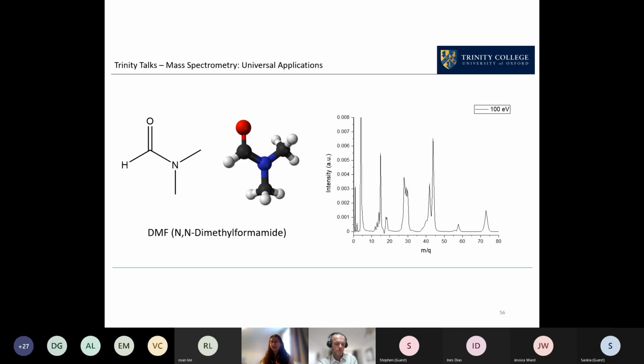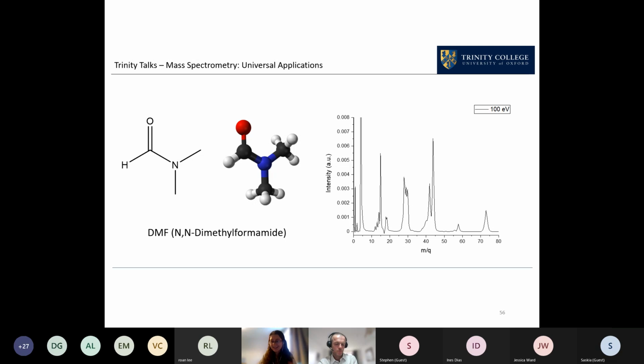And DMF and other molecules that the group study are found in the atmosphere and in the interstellar medium in space. And so by studying these molecules, seeing what happens when they're exposed to electrons, just like they are in the atmosphere and in space, we can form better models to model the atmosphere and to model space and to understand what's going on. So that's what I do.